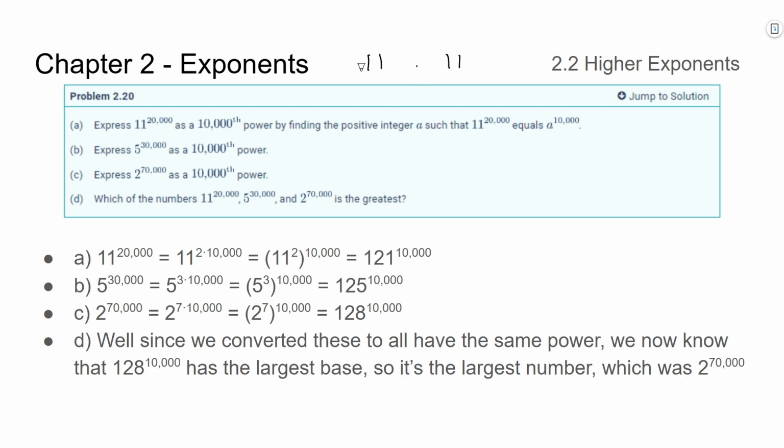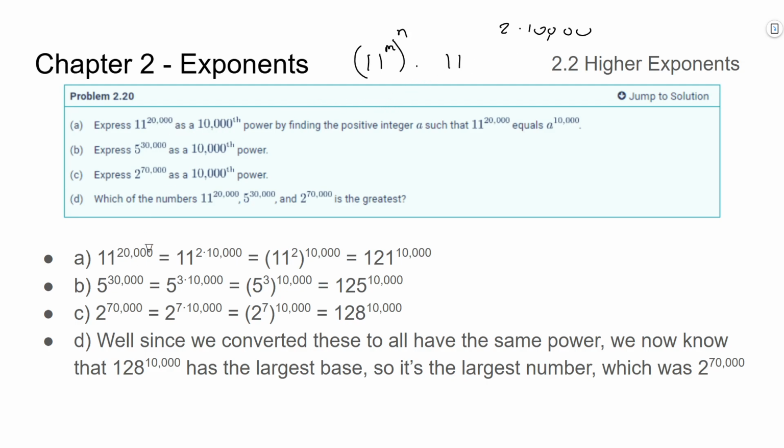We also know that if we raise a power to a power, say m to the n, then we can multiply those exponents together. So if we split this up, instead of 20,000, we know we want 10,000. 20,000 is the same thing as 2 times 10,000. Maybe we can work backwards from there.